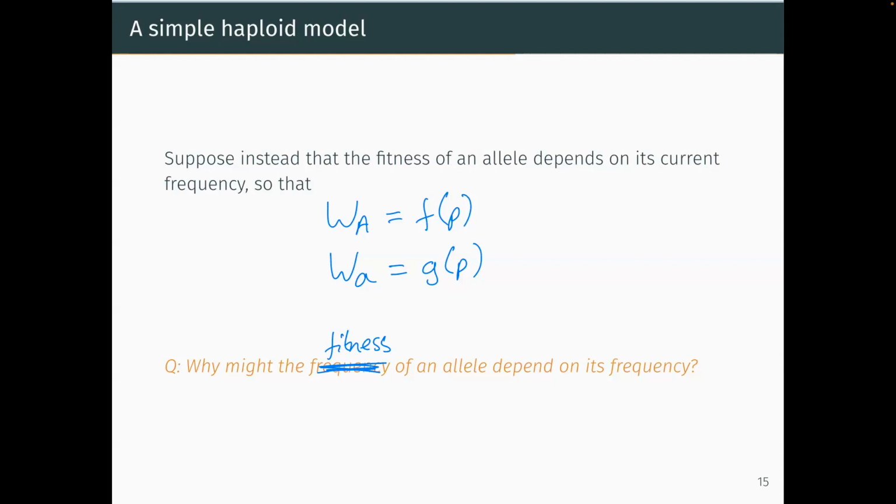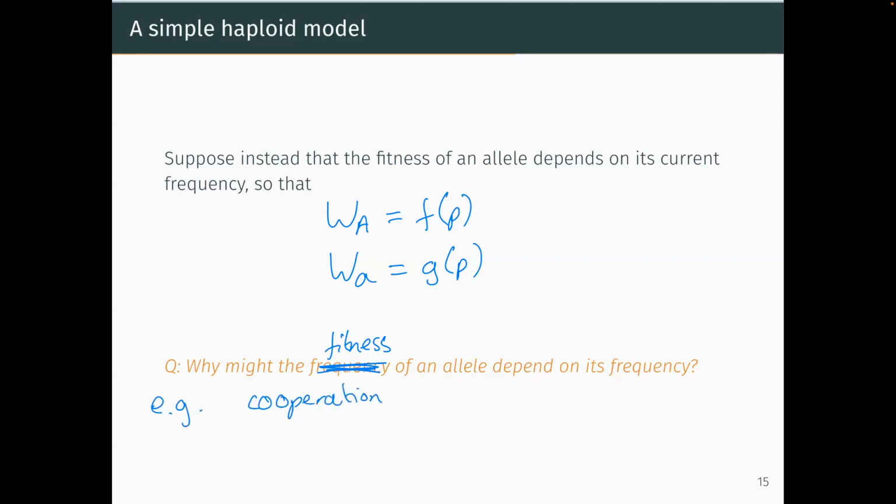There's more of them, they might die more often. Yep. So depending on what else is around in the population, it might affect your fitness, is kind of what you're saying there, right? There might be cooperation in the society. So cooperation is a good example.